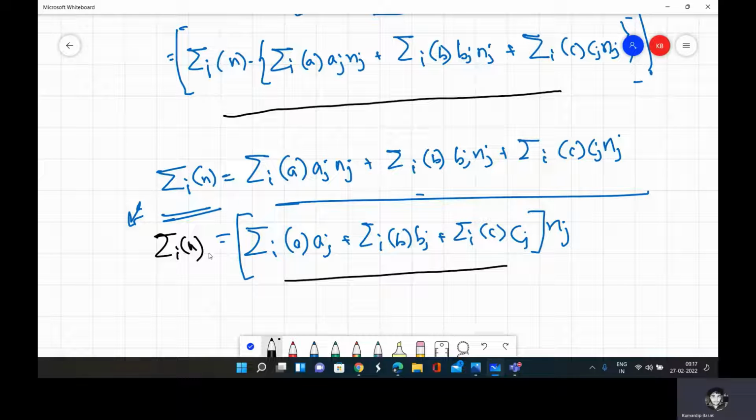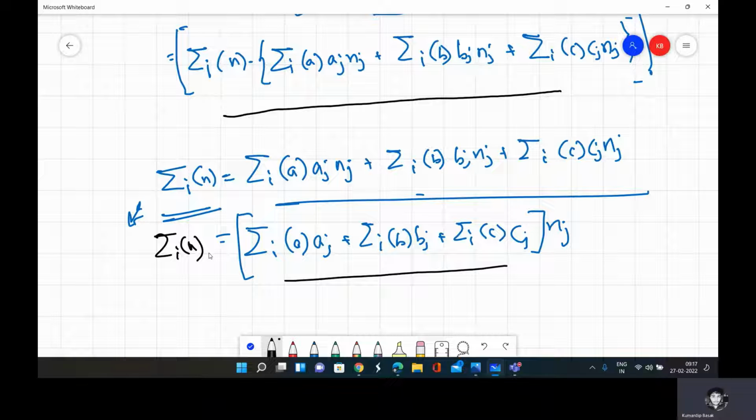So what can we tell from this last expression? On the left hand side we get the ith component of the stress acting on the area with normal Nj, and we get a quantity in the bracket only in terms of i and j, and after that comes the Nj, that is the area normal.